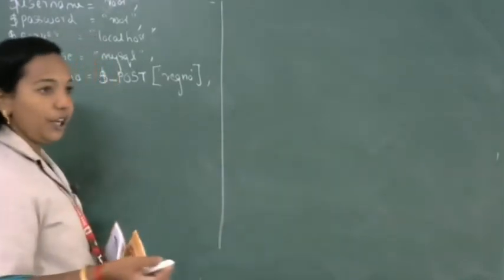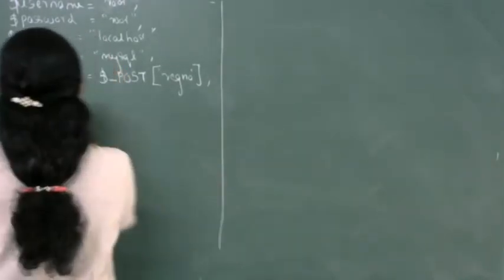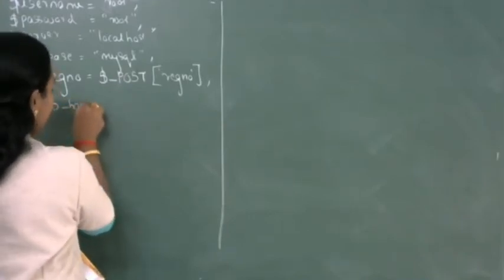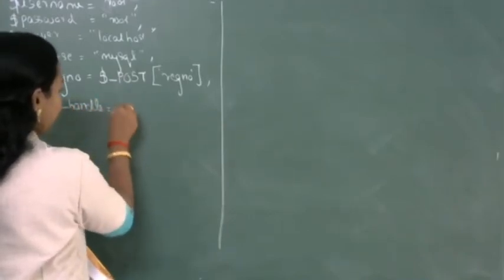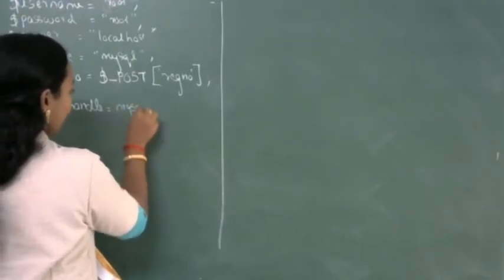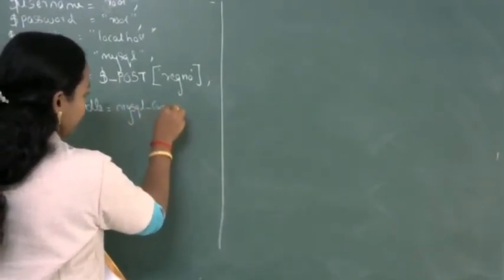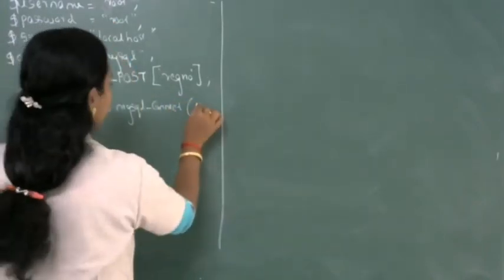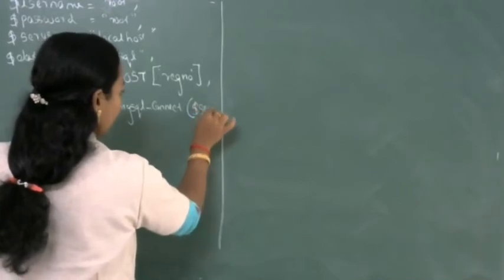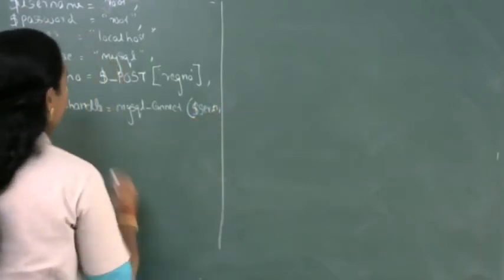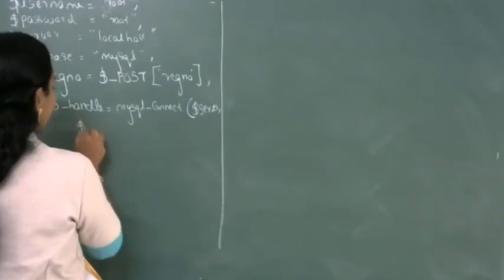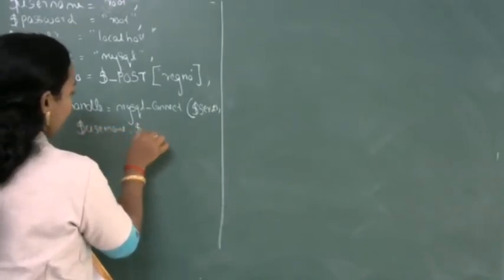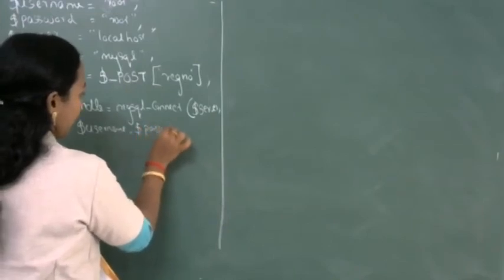First you are going to establish a connection with MySQL. For establishing a connection with MySQL, $db handle is equal to mysql_connect. Then inside the parentheses you write these three variables. First variable is $server. What is the value of $server? Localhost. Then $username, then comma, $password.